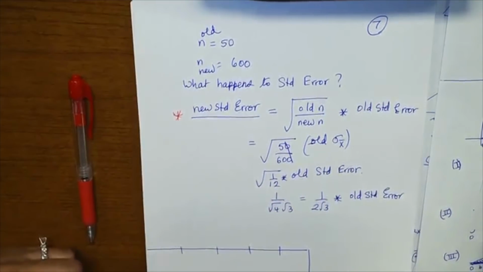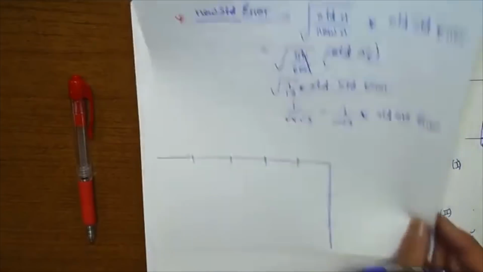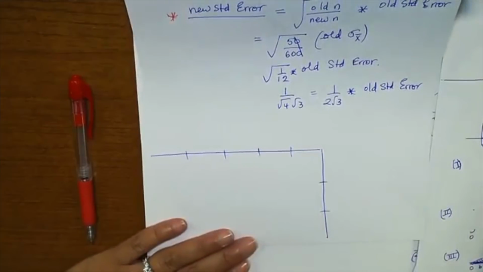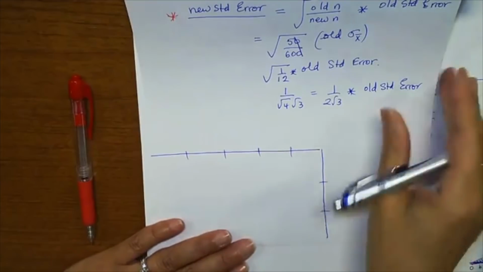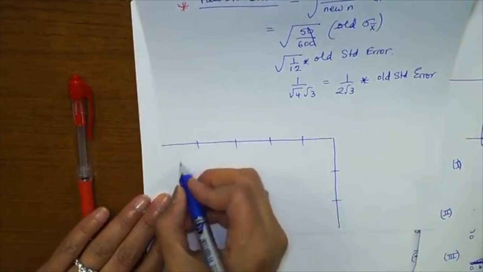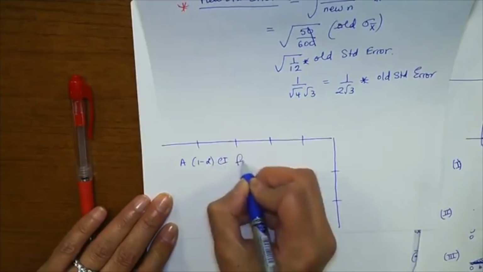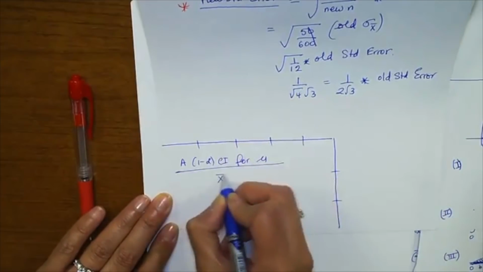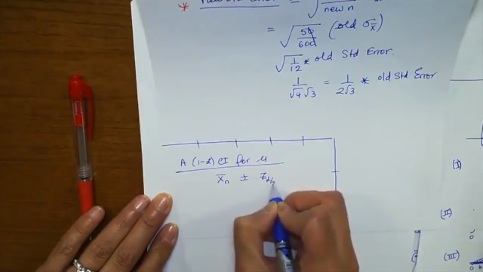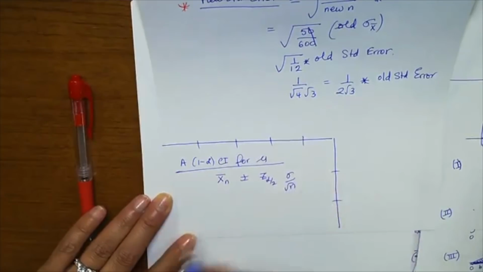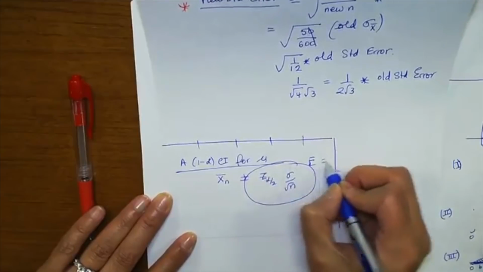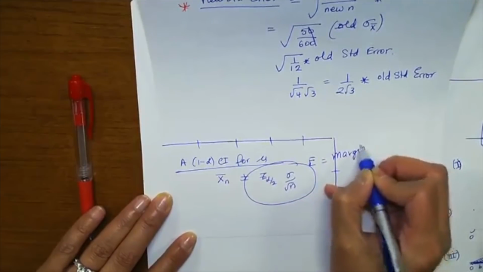Okay. So the next thing after standard error was confidence intervals. A 1 minus alpha CI for mu is given by x bar plus or minus z alpha over 2 sigma over root n. This part is called the E, which is the margin of sampling error.